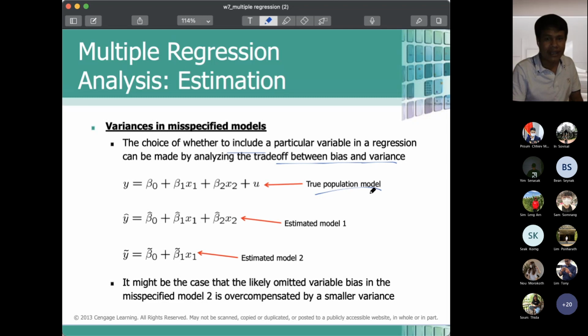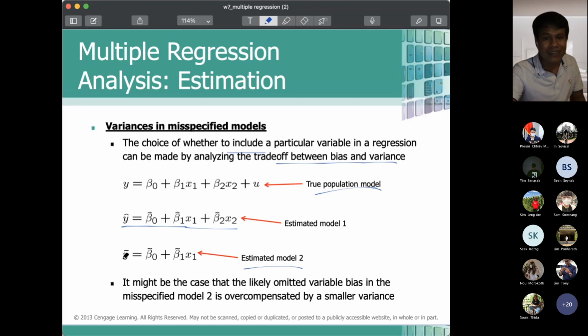All right, and here we have estimated model 1, where, as you can see, we have y hat equals delta 0 hat plus delta 1 hat x1 plus delta 2 hat x2. This is the estimated model. This is the population. But here, we have estimated model 2. For estimated model 2, we omit x2 from the model.